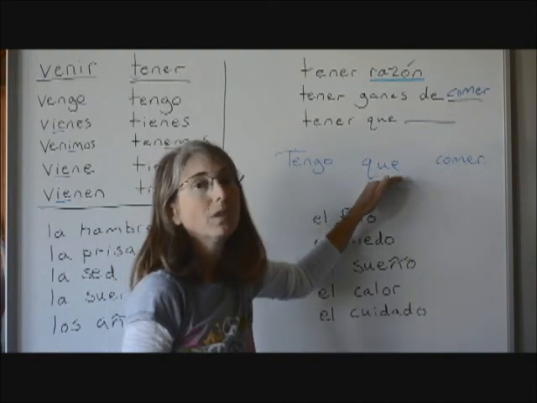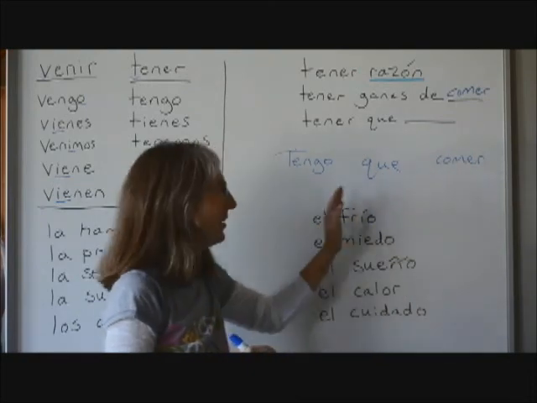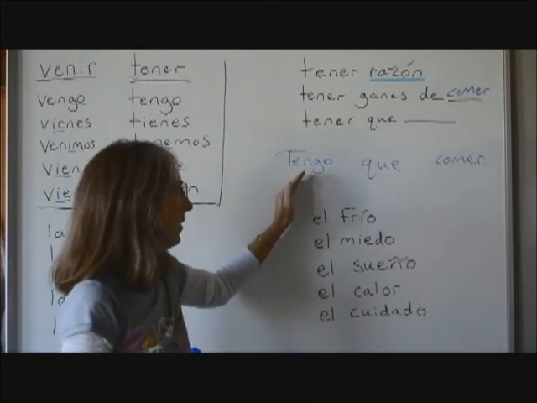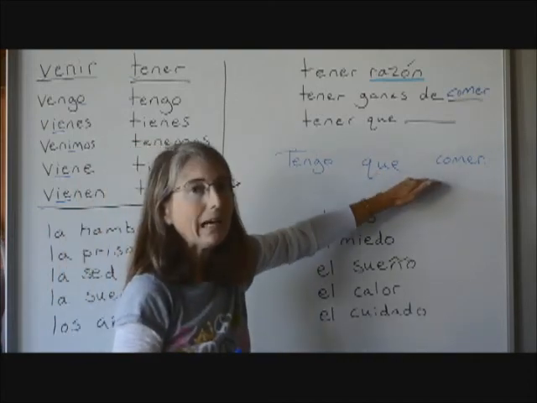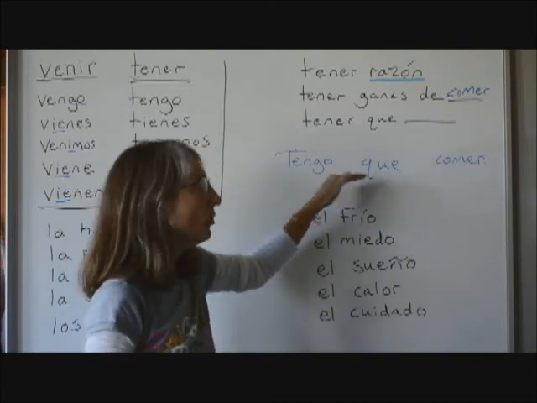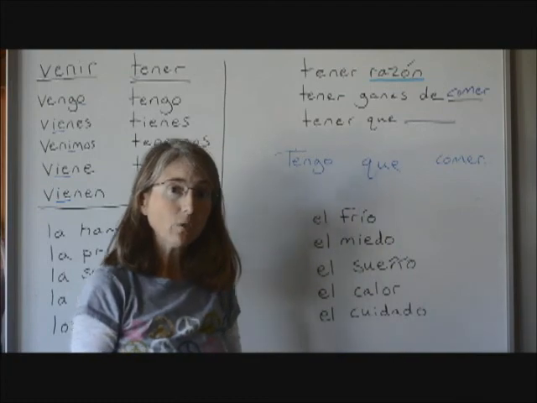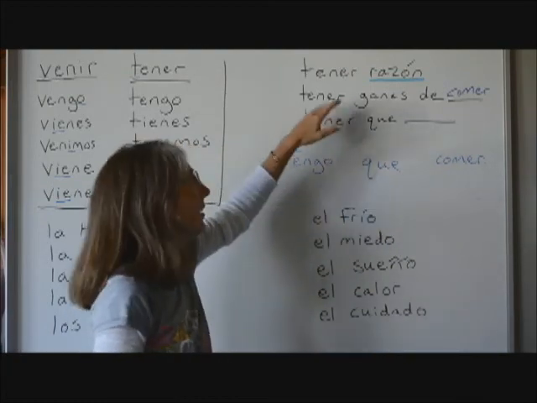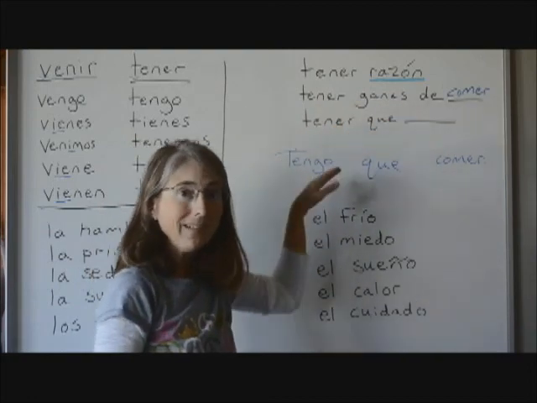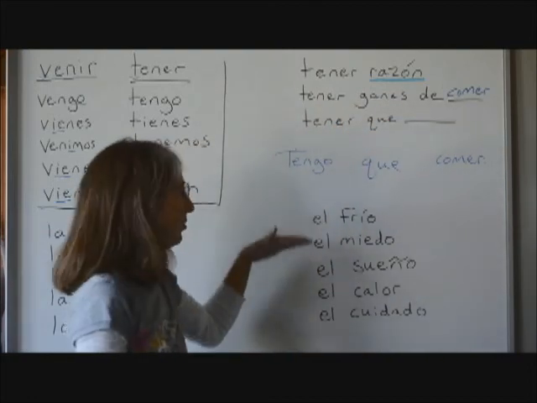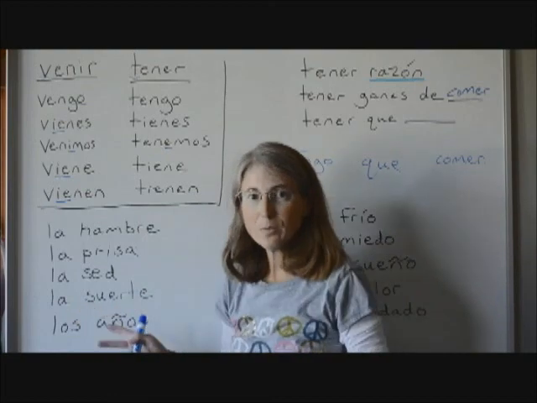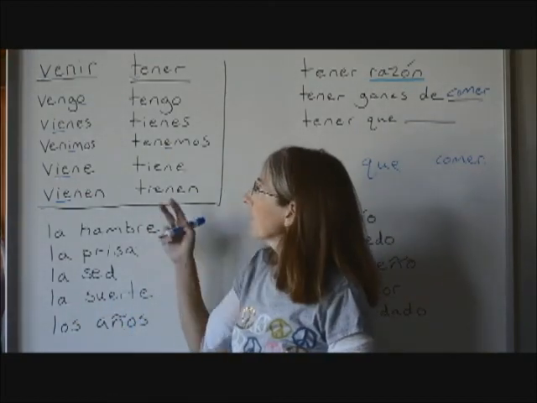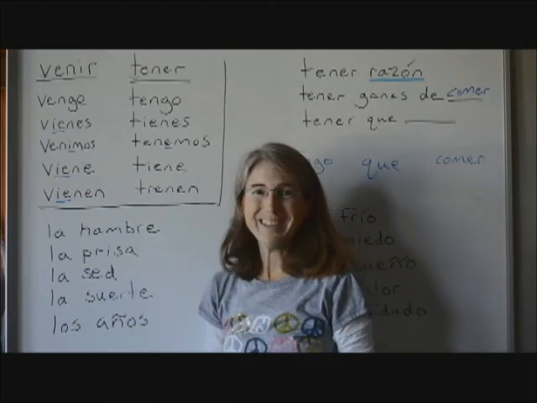I have to, and to eat. But the to is built in, so we don't need to add any other words in here. Tengo que comer. And then to ask the question, ¿tienes que comer? Sí, tengo que comer. ¿Tienes ganas de comer? Sí, tengo ganas de comer. Okay, so tener is used with all of these expressions, and these are the conjugations of tener and venir.